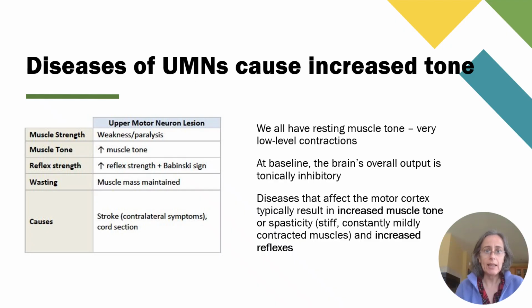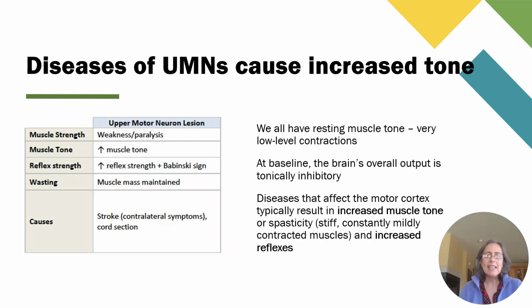So normally they're suppressing that tone. If you have a disease of the upper motor neuron, you have increased tone, so things are stiffer than they would otherwise be. Now, if it's a severe problem with the upper motor neuron, you're going to have full paralysis. If it's not as severe, then you're going to have paresis or weakness, so kind of partial paralysis.